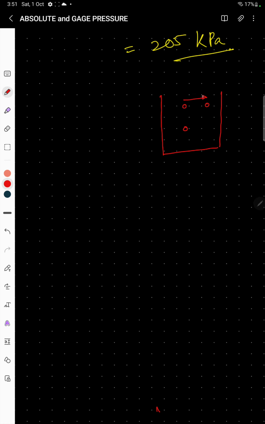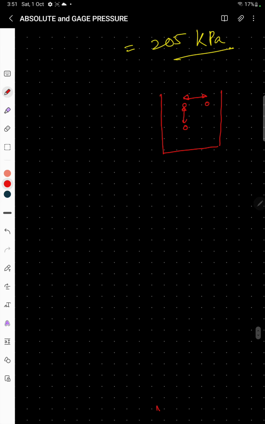So how will the pressure vary when one is moving in the same horizontal level, and how will it vary when one is moving downwards? We will do this in two parts. This is your static pressure variation.